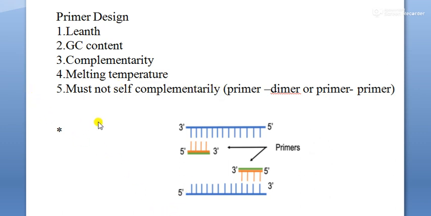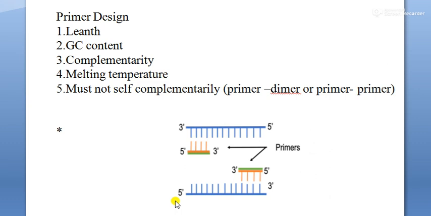And next, it must not be self-complementary. That means when a particular primer is similar to another primer, that is, one is the forward primer and one is the backward primer, when a similarity is found between these forward and backward primers, those primers can create primer dimers, or primer complementation, right?